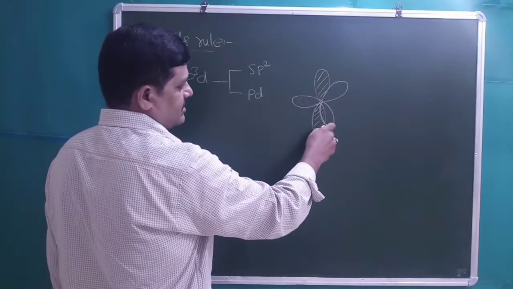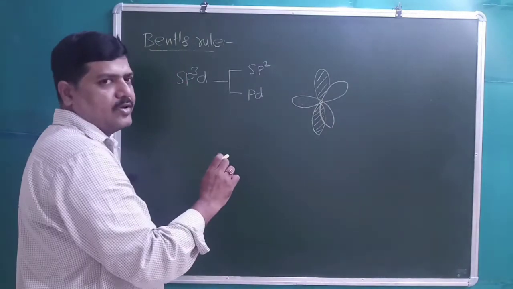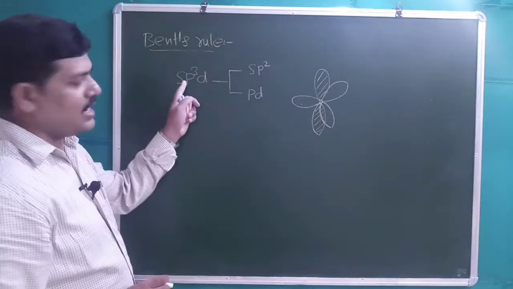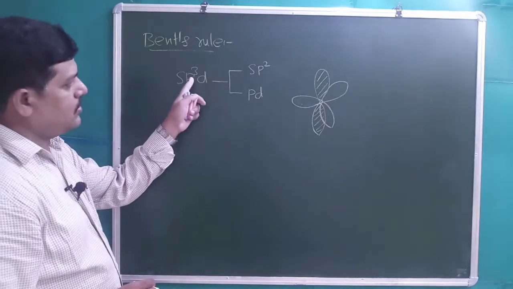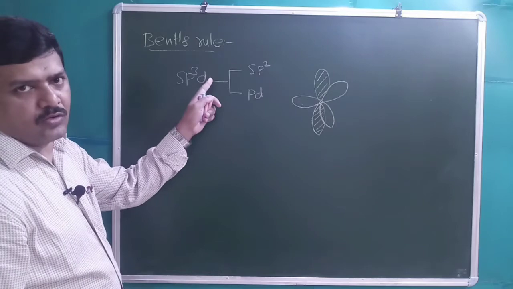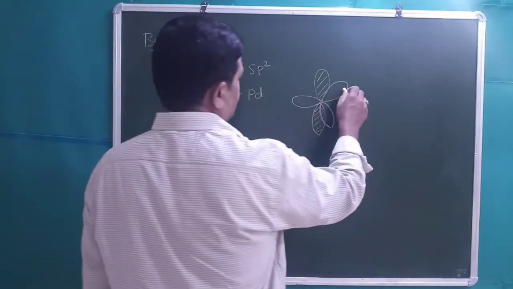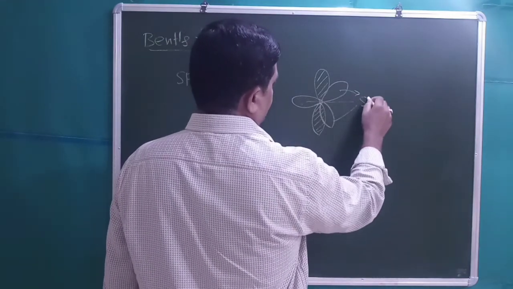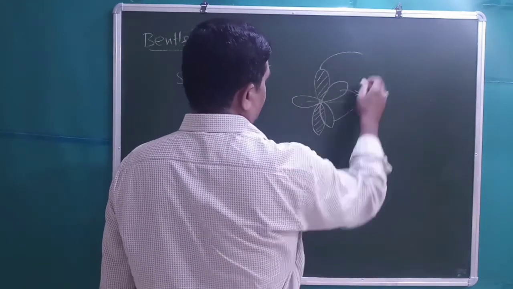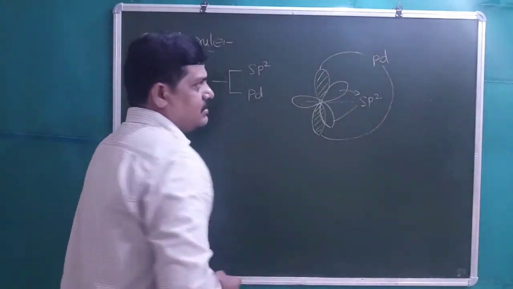So by using these assumptions, he is able to predict the shape of some molecules having a central atom with sp3d hybridization with lone pairs, 1 lone pair, 2 lone pairs, 3 lone pairs, like that, right? So these 3 orbitals are sp2 and these 2 orbitals are pd orbitals according to Bent.